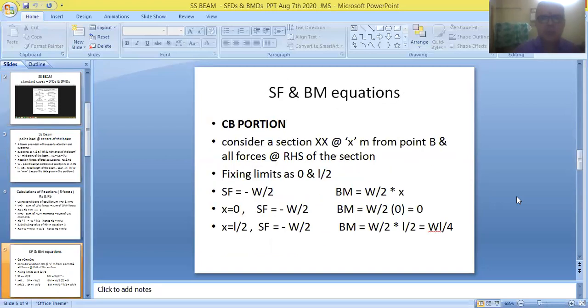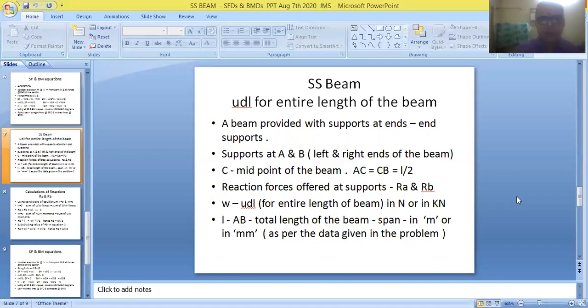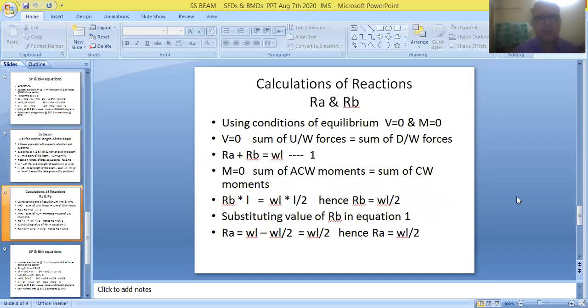The UDL is acting for the entire length of the beam, so we have to use the same rules as done in the first case. So selection of AC, CB, reaction forces, indication of UDL, indication of the total length of the beam, and all that we have to make as usual.